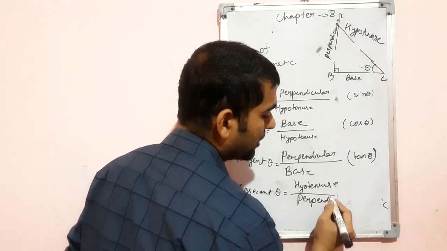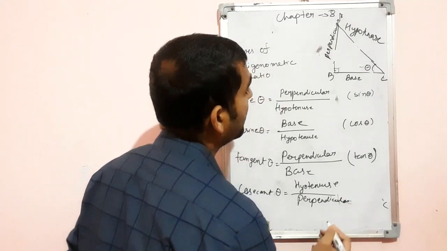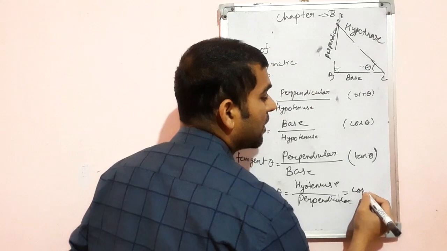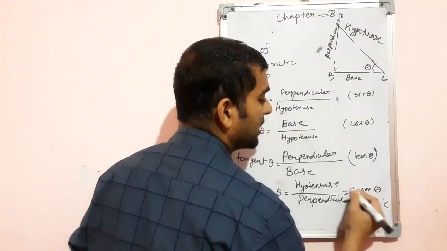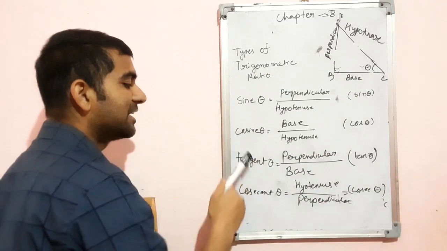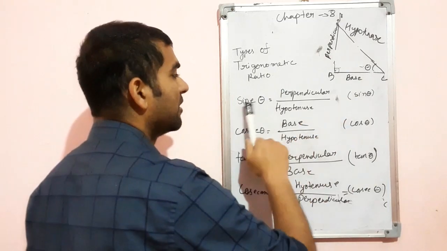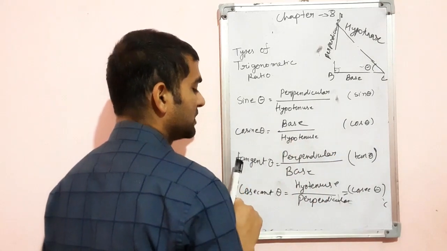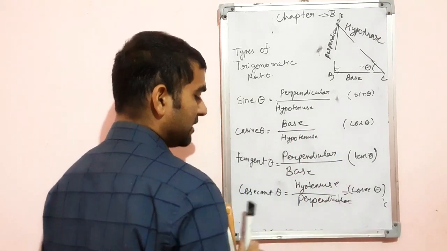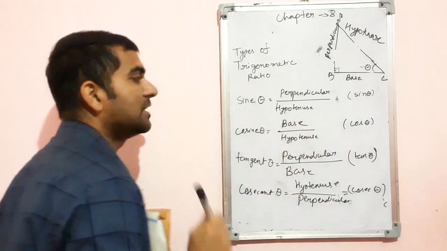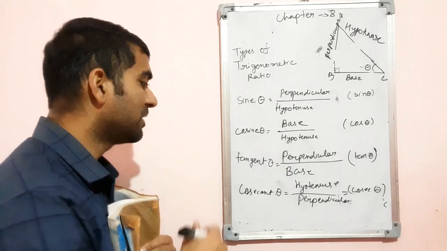In short we write cosec theta. We always use these short names because it saves time: sine, cos, tan, cosec theta. Sine, don't read it as sin, it's sine.